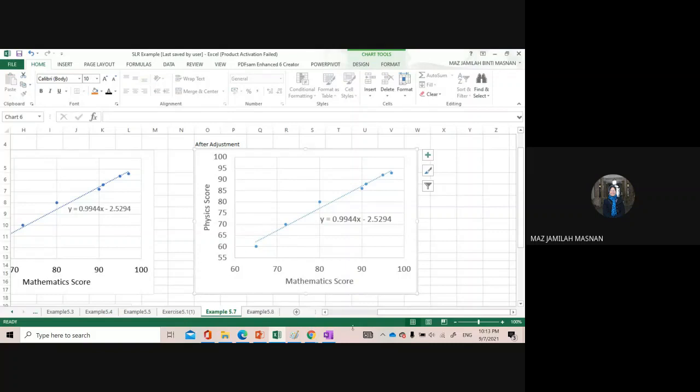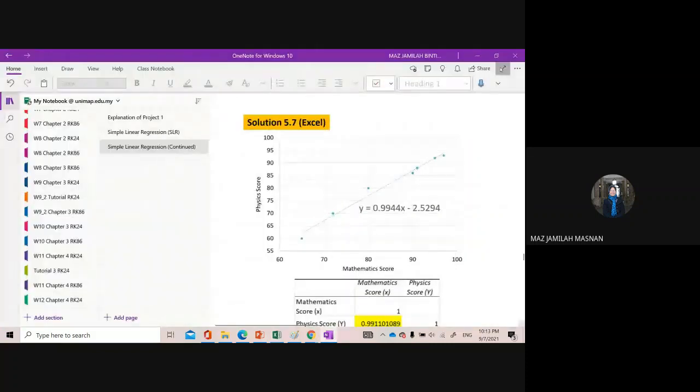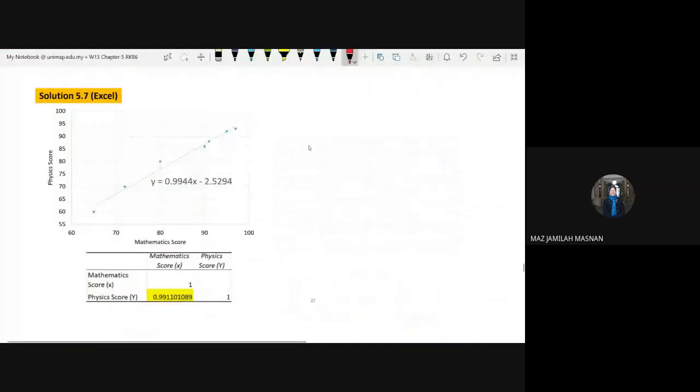Then I go back to my notes because I need to explain, and this is the most important part that you are going to have to understand, because in your project later on, you are going to interpret this model.